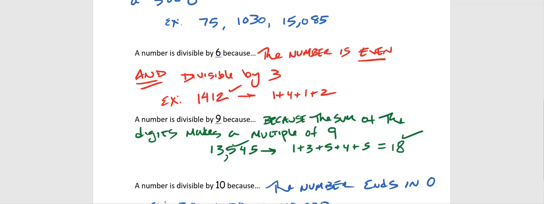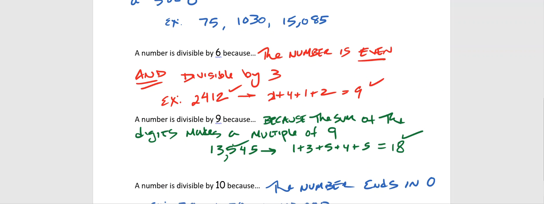Oh, I'm off by 1. Let's say 2,000. Let's go back. This is what happens when I think on my feet. 2,412. Let's see. 2 plus 4 is 6, 7, 8, 9. So it's divisible by 3. It's even. So that is how we know that the number is divisible by 6.